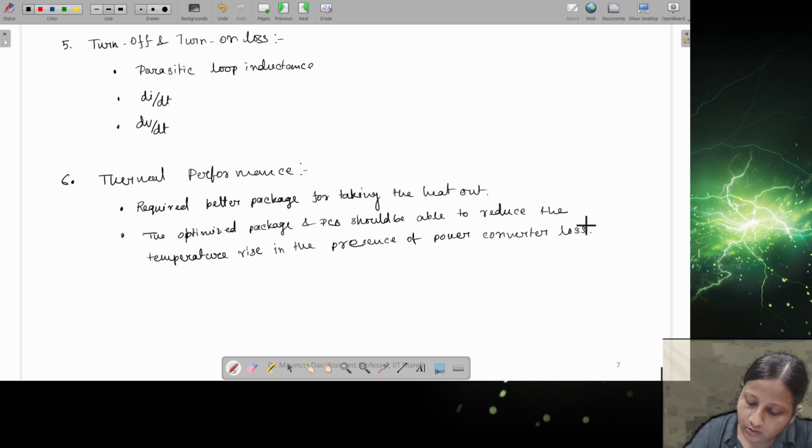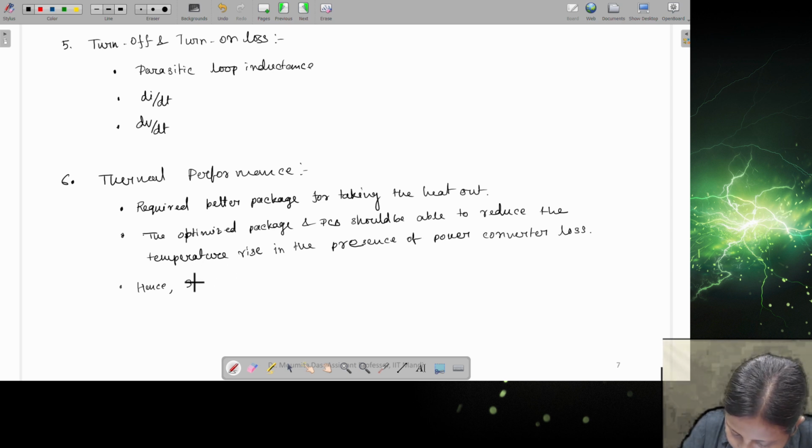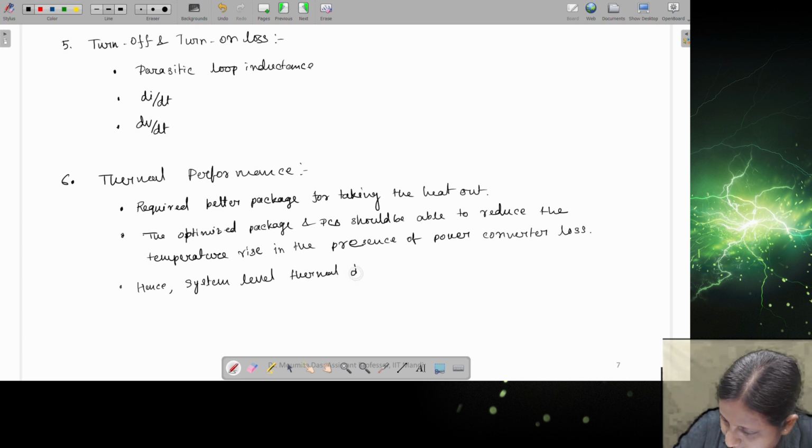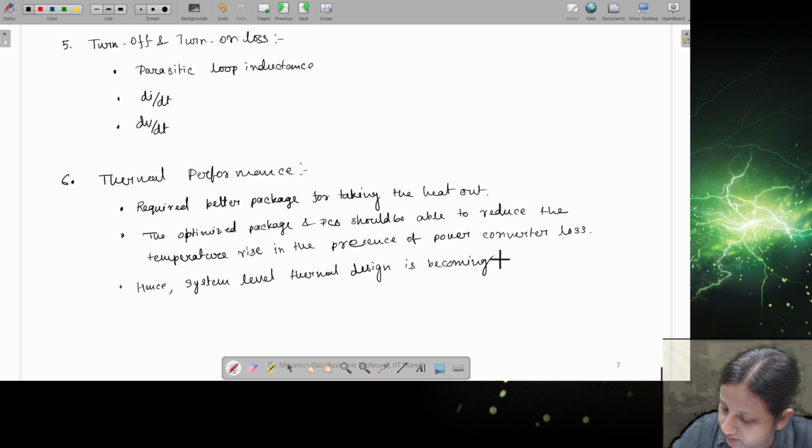Hence system level thermal design is becoming a popular area of research.